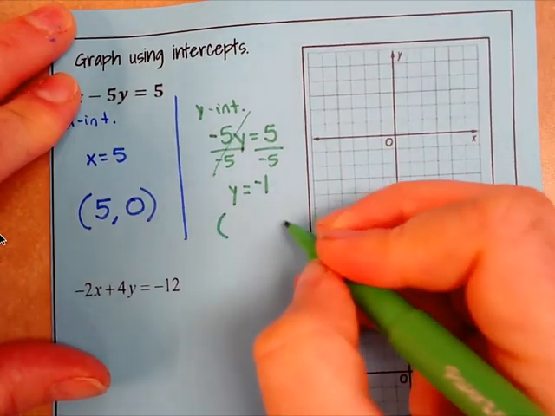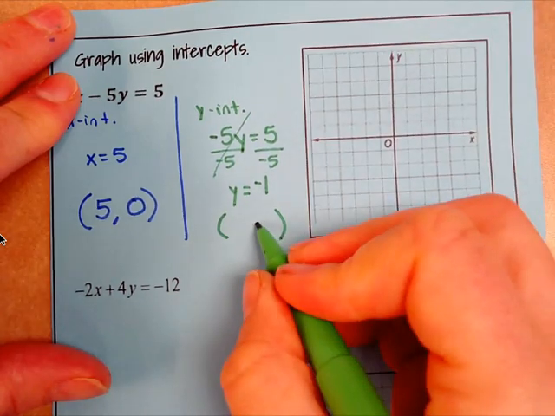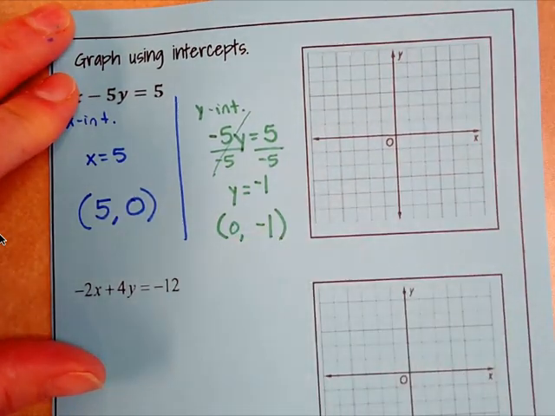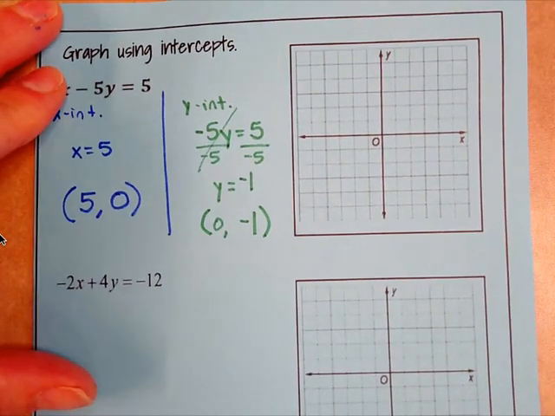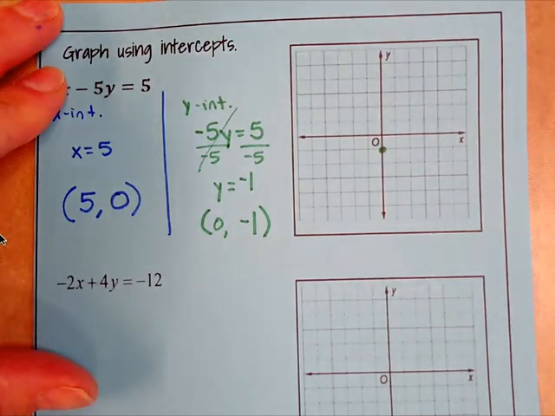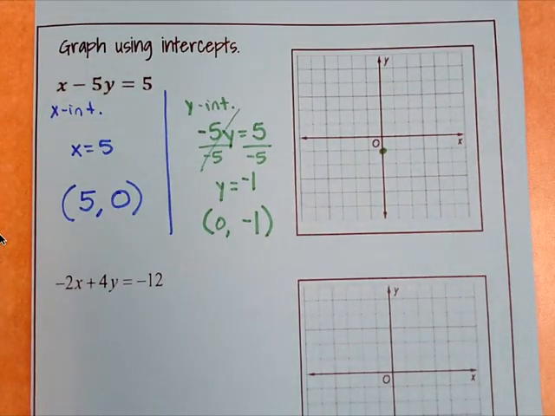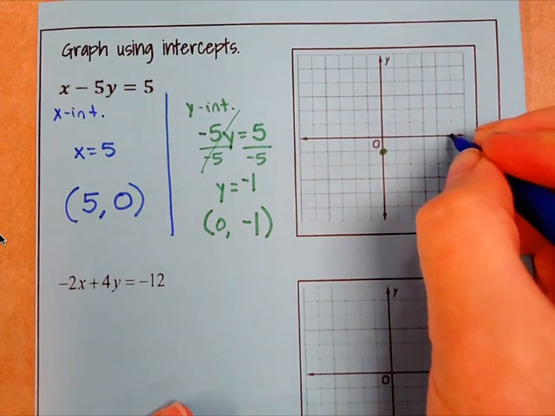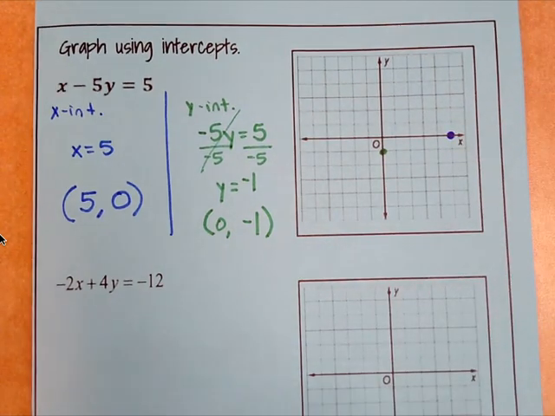And so in our y-intercept, our y value is negative 1 and our x value is 0. So there is one of the points. That's your y-intercept, 0, negative 1. And then 1, 2, 3, 4, 5, 0 is our x-intercept.